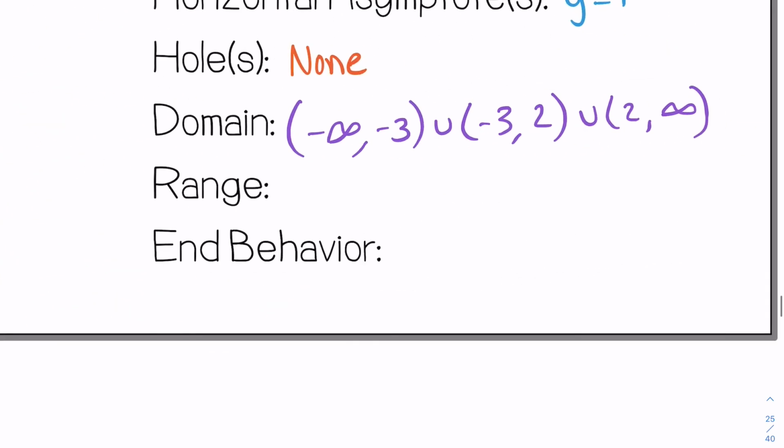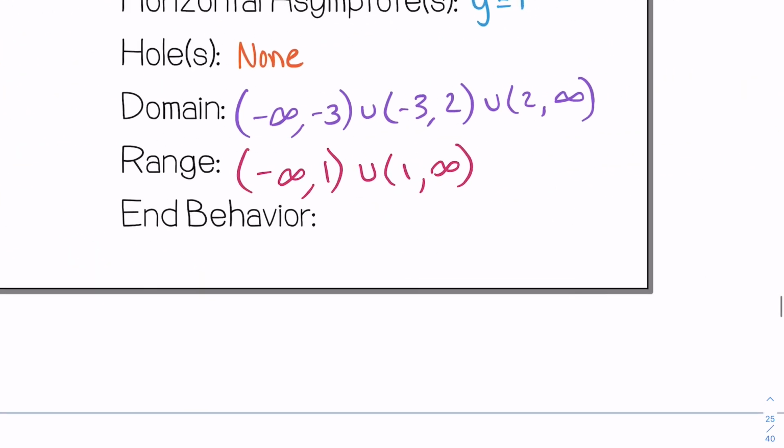And the range is going to be based on the horizontal asymptote, negative infinity to 1, and 1 to infinity. And my end behavior is going to be as x approaches infinity and negative infinity, y approaches my horizontal asymptote, which is 1.